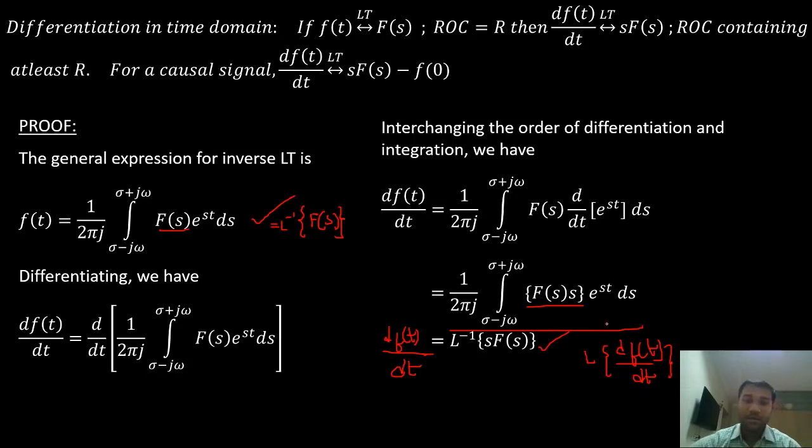So that is my differentiation in time domain property. So df of t by dt will have the Laplace transform s into f of s.